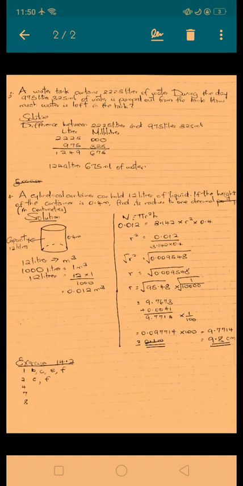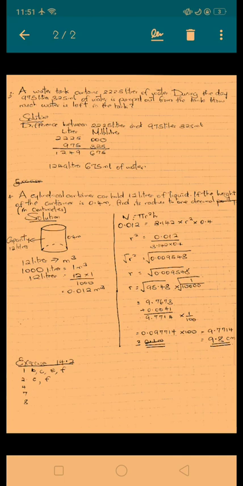Now, example number 3 is a word problem, and when it comes to word problems, it is important that you analyze the question and know what is expected of you. Number 3: a water tank contains 2,225 liters of water. So that is its capacity, assuming it's full.